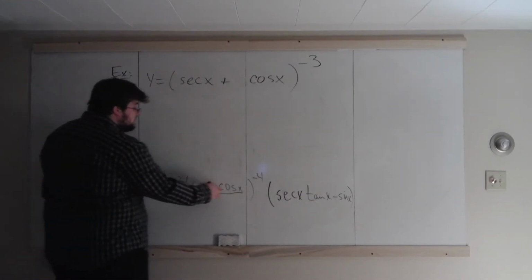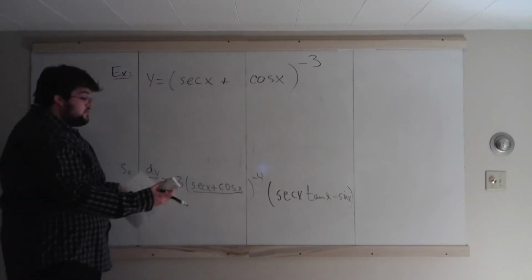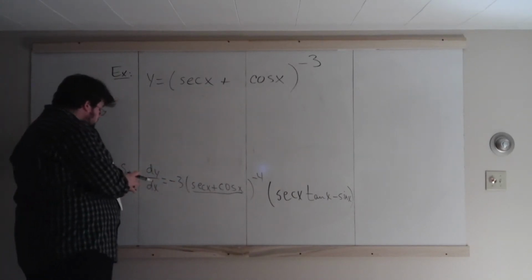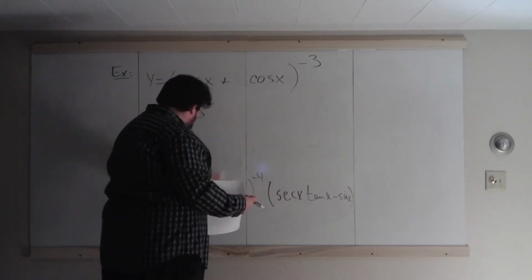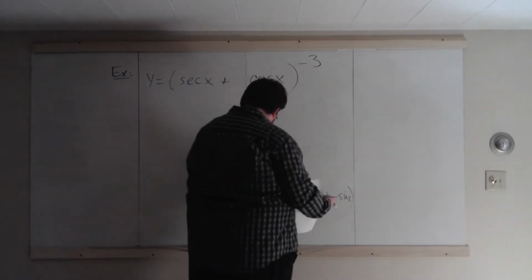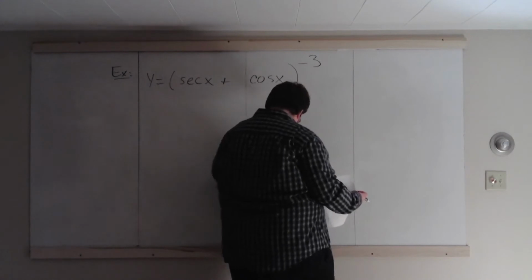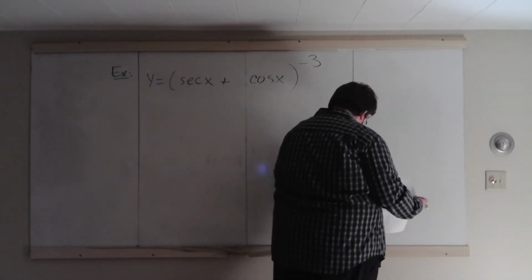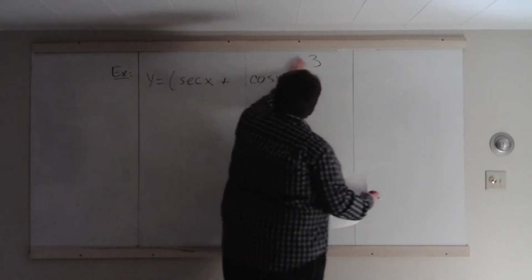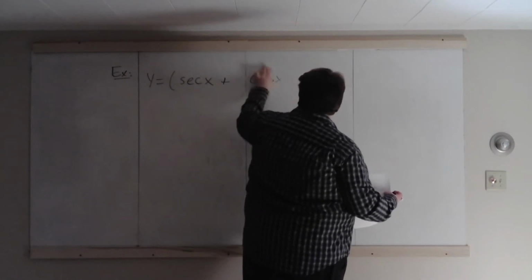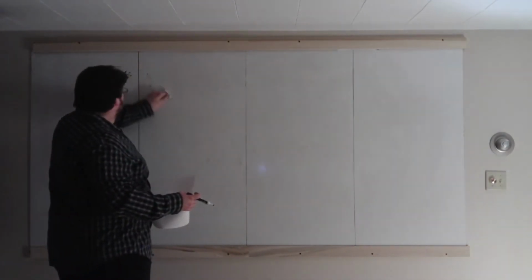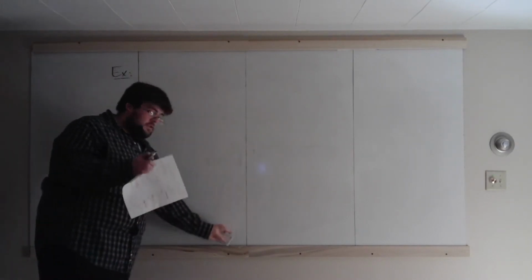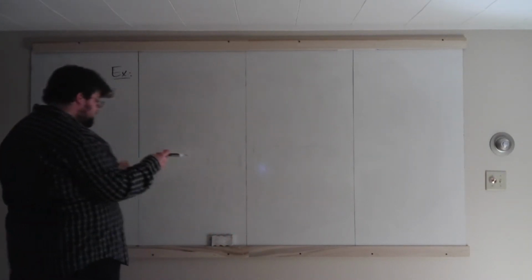Secant x tangent x, negative sine x, from the 22 derivative rules. My eraser's not erasing all that well today. I'm going to have to get another one.